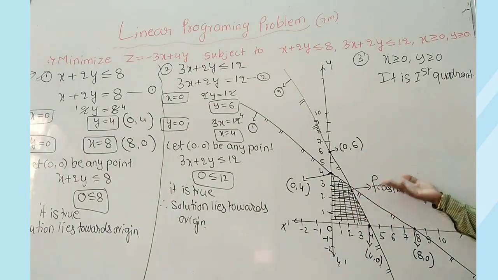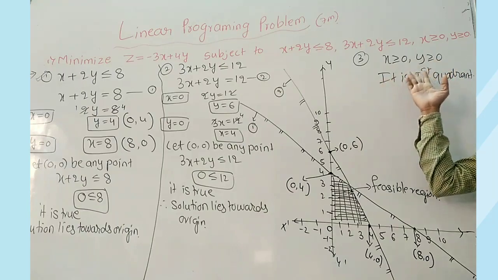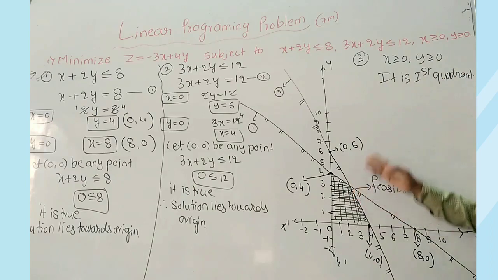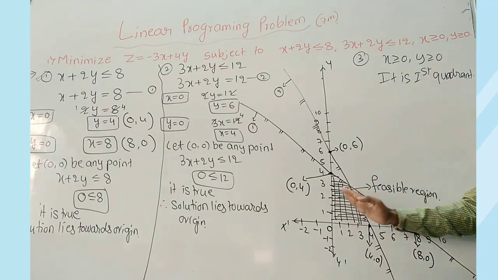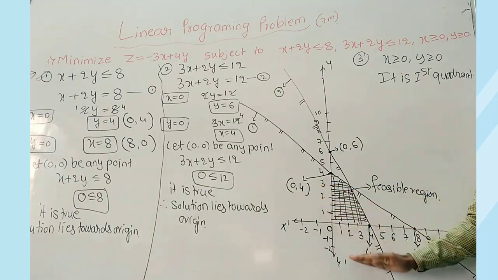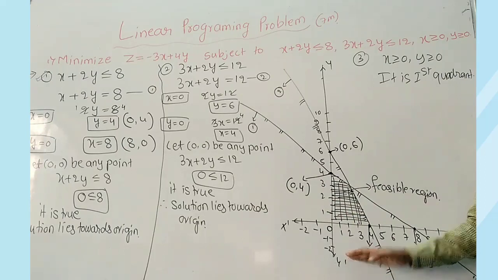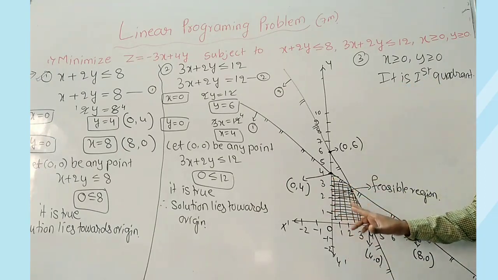For x greater than or equal to 0, y greater than or equal to 0, it means the first quadrant. So mark the region properly. If you have mentioned first quadrant, the shaded region must be in the first quadrant only. Sometimes the graph will come in the second or third quadrant, so don't shade the region there.